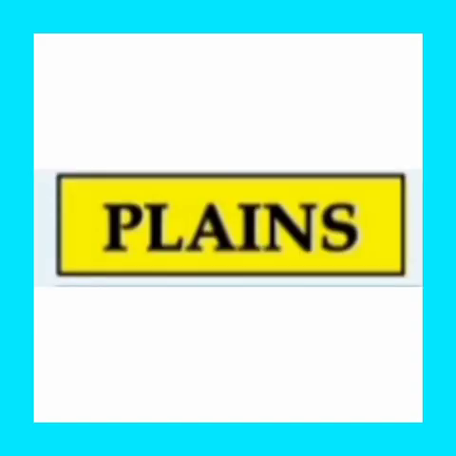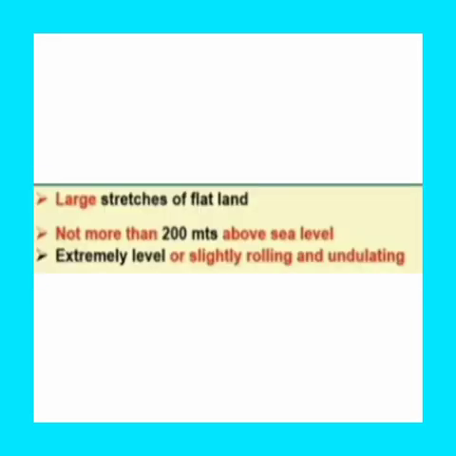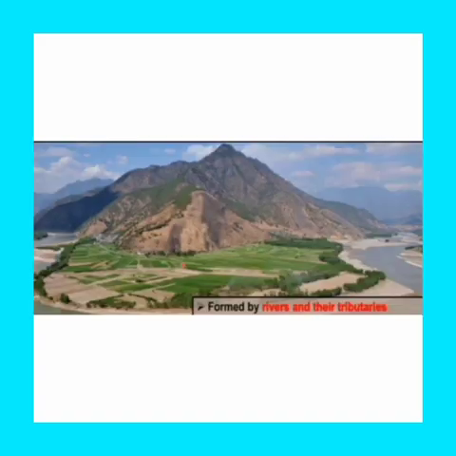Now, plains. Plains are large stretches of flatland. They are generally not more than 200 meters above mean sea level. Some plains are extremely level or slightly sloping and undulating. Most of the plains are formed by rivers and their tributaries.